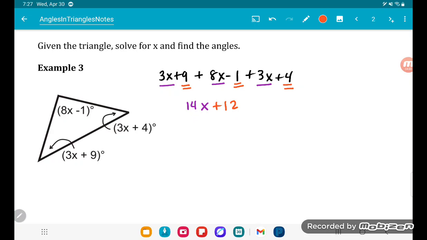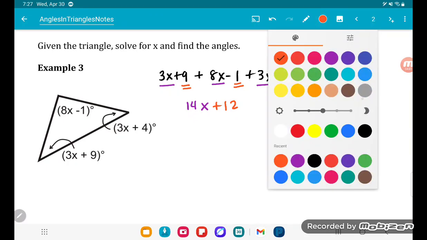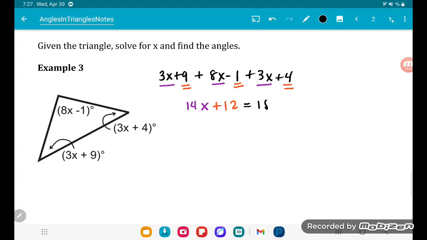Now, we're going to set this equal to 180 degrees because that's the interior angle sum of a triangle, 180 degrees. Once we do that, we're going to solve for x, and then find those angle measures.